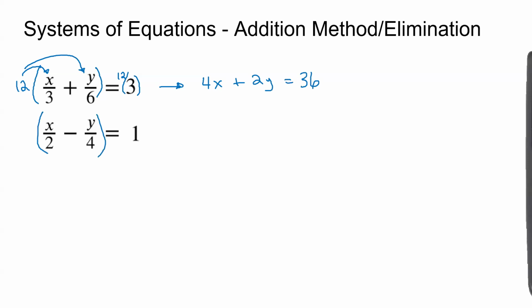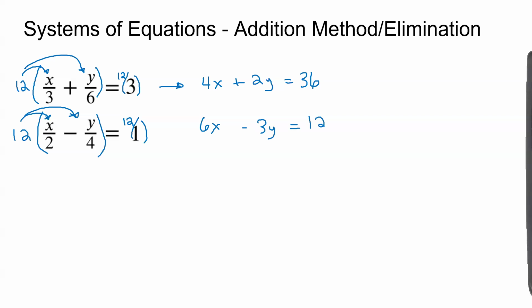You wouldn't have to multiply by the same number, but here it makes sense. Distributing, 12x over 2 is going to be 6x. And then 12y over 4, with a negative sign involved, would be 3y equals 12. Hmm. Okay.